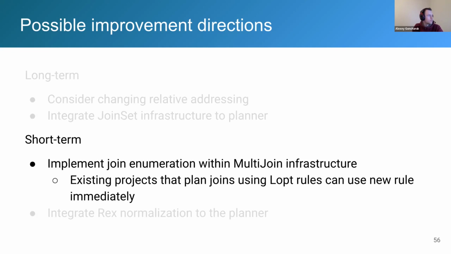In a short-term solution, I think what we can have here is, first of all, since we have this infrastructure of multi-joins, we can implement an arbitrary join enumeration algorithm besides the greedy heuristic, and the projects that are already using that heuristic can immediately use this new enumeration rule.